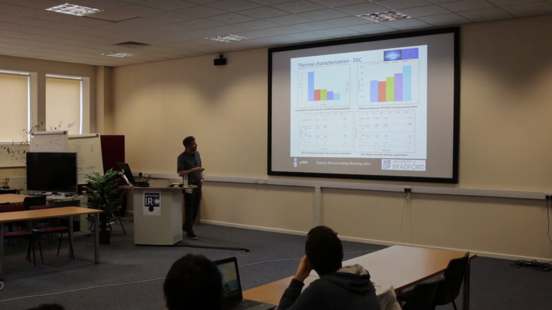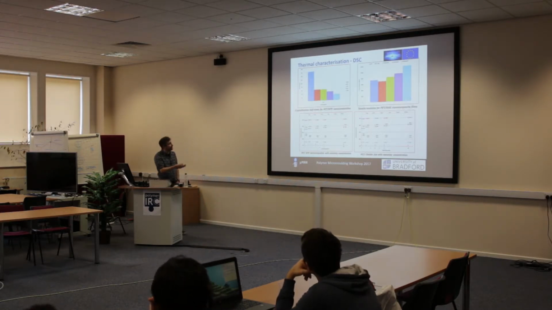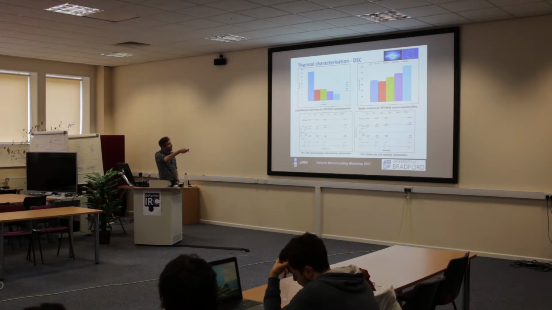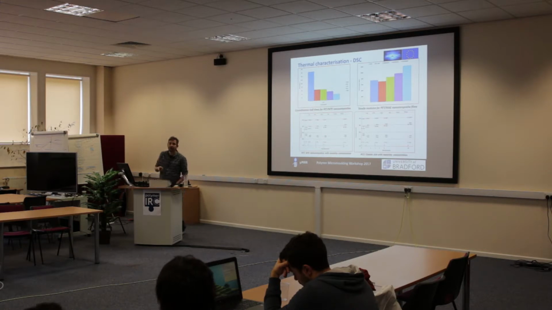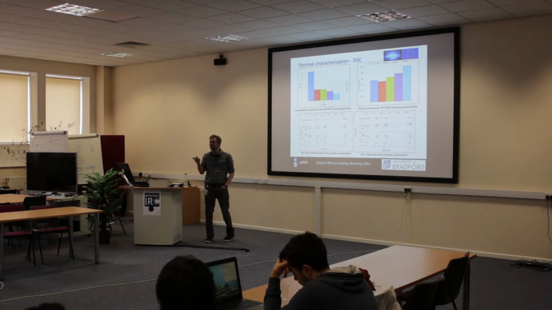Just doing some extra analysis on this, we can look at the crystallization half time by adding 1% up to 20% of these clays, and you can see we can dramatically reduce the crystallization half time. So we can form these crystals a lot quicker. And the reason they form a lot quicker is similar to bubbles in the bottom of a champagne glass or bubbles in a Coca-Cola.